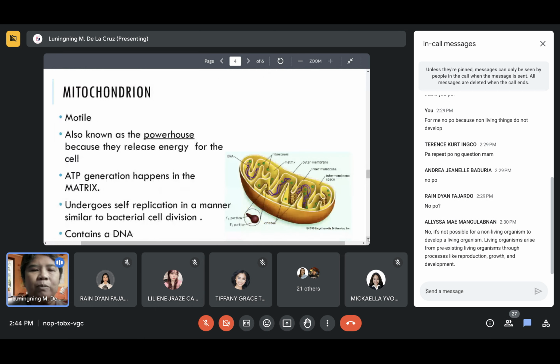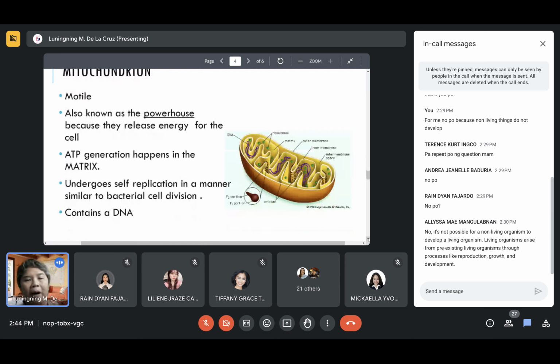Okay, this is the mitochondria. The mitochondria is moving. It is also known as the powerhouse of the cell, because they release energy for the cell in the form of ATP. It undergoes self-replication in a manner similar to bacterial self-division. Okay?